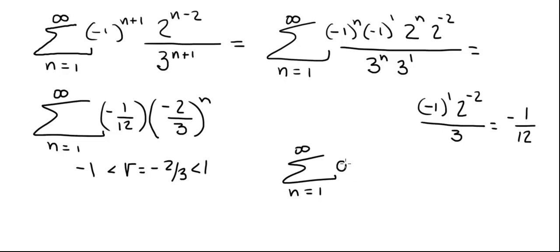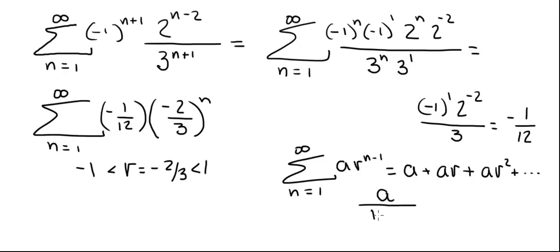It should look like a times r^(n-1), and if we plug in 1 we get r^0 times a, which is a, plus a times r, plus a times r squared, and so on. And if r happens to be between -1 and 1, this converges to a divided by 1 minus r.